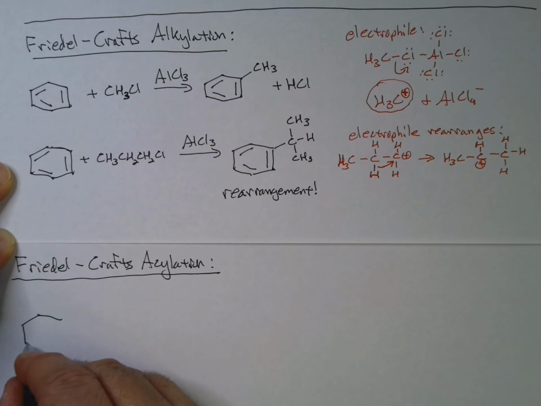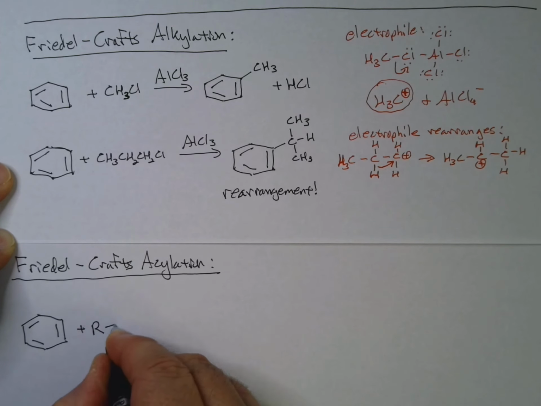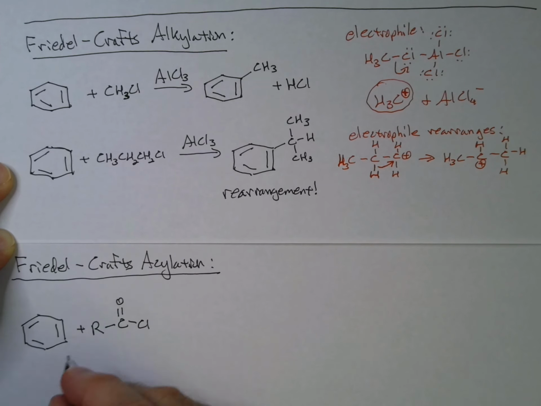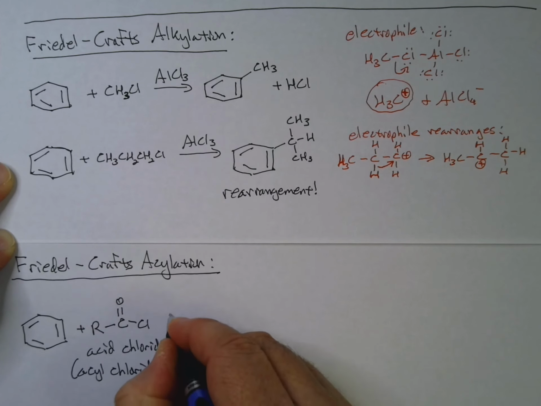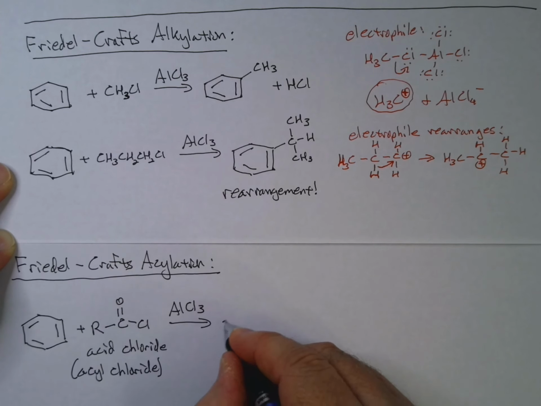Here we will be adding the following kind of group. So we'll have R, C, double bond O, Cl. This is what's called an acid chloride, or an acyl chloride. And again, we'll use AlCl3 as our Lewis acid catalyst.